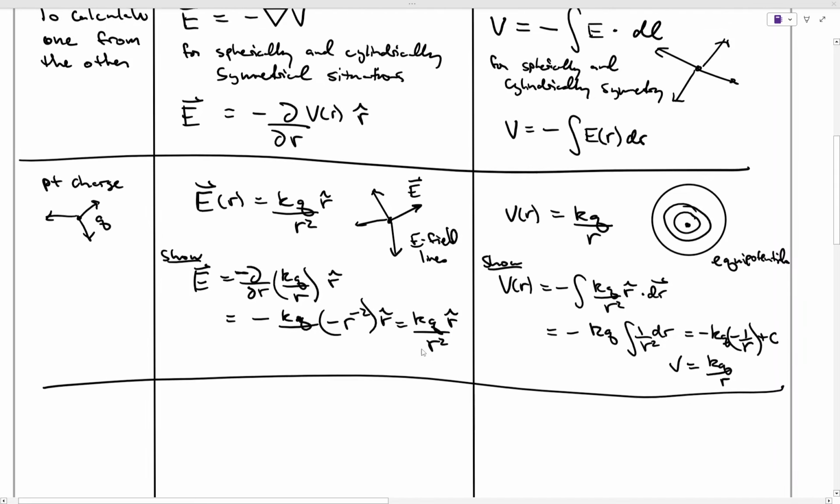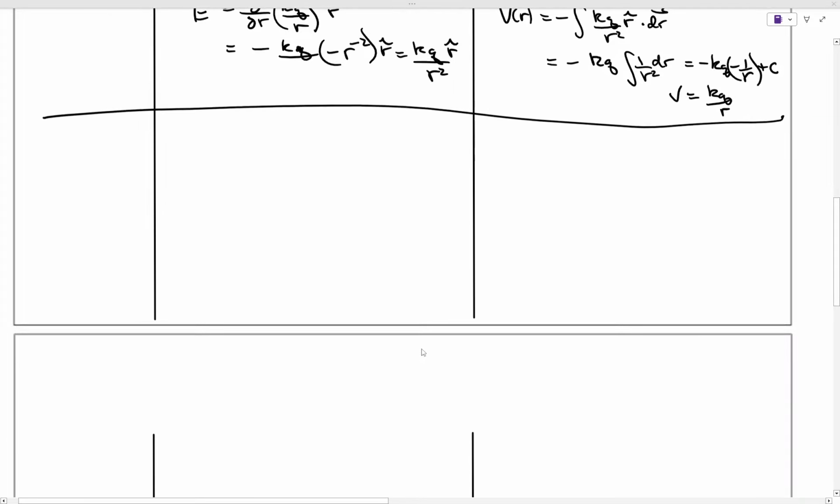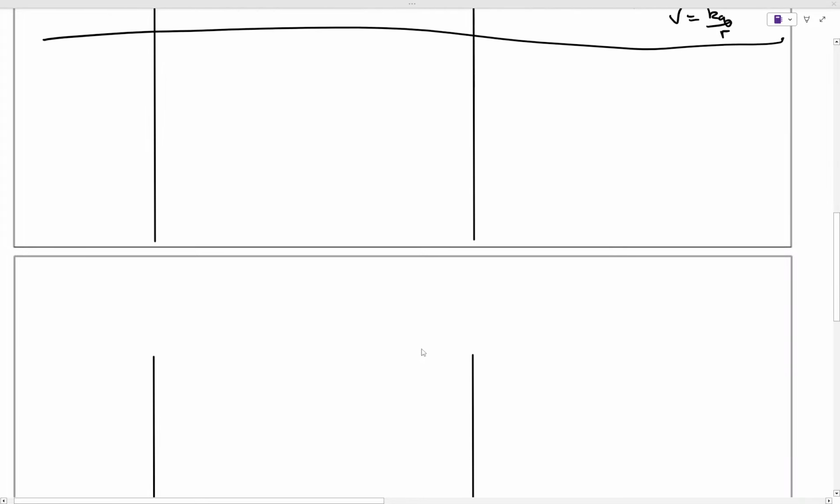So what other configurations do we have? Well, probably the next most important would be the line of charge, or the charged wire scenario. So that was basically a line, and we imagine it extends in both directions. It's basically infinite in length, and it's charged up, with some linear charge density lambda, Q per unit length.